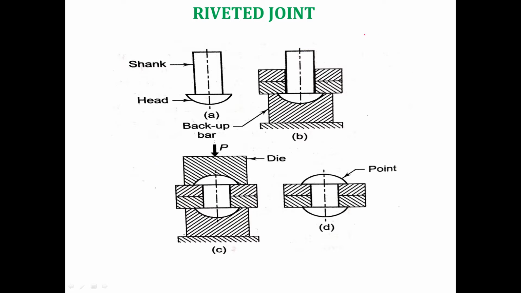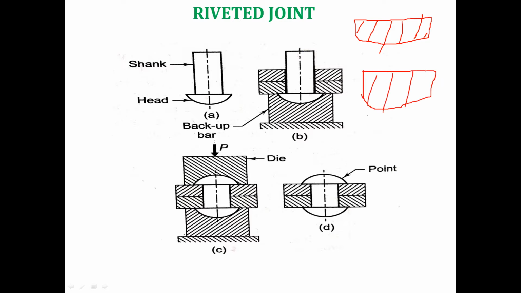Let us consider a case that this is part A of a mechanical component, and this is part B of that same mechanical component, and you have been told to join these two mechanical components with the help of a rivet. How will you do it?